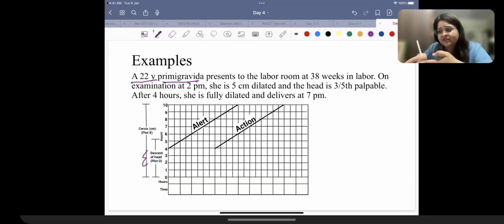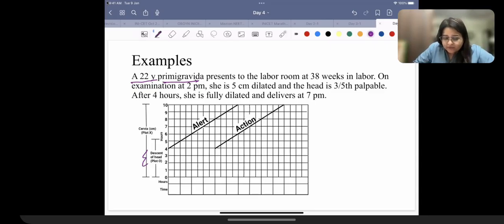But as the head goes inside, fewer fingers will be able to palpate the fetal head. At a certain point of time, you won't be able to palpate the fetal head. As the head goes in, fewer fingers, because the head will not be as wide. When the head goes in, then 4 fingers, then 3 fingers, then 2 fingers, then 1 finger will be able to palpate the fetal head. It is not subjective. You can easily make out.